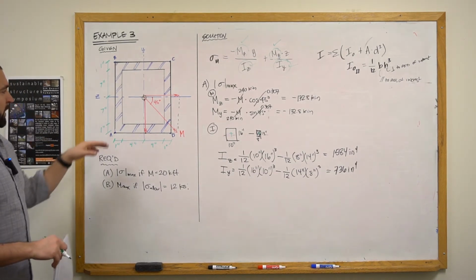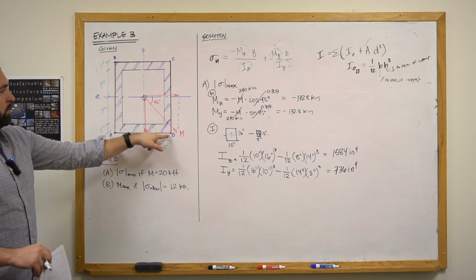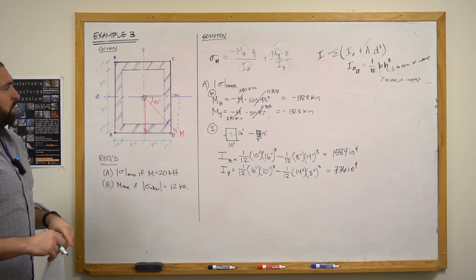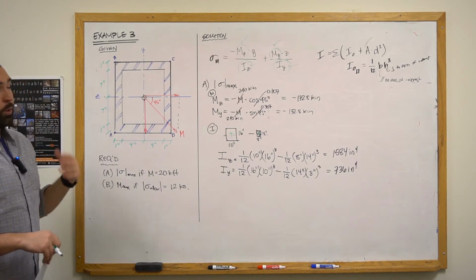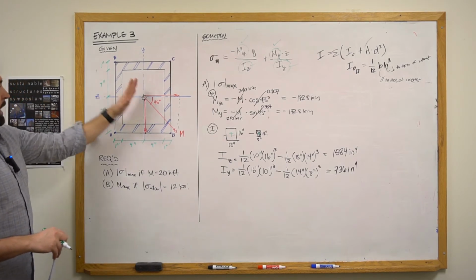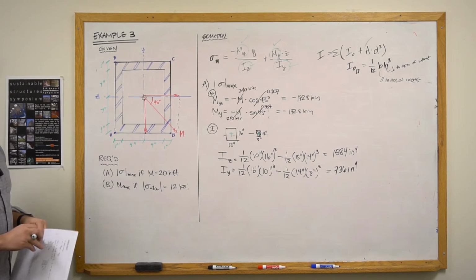I can already tell that the extreme locations, the corners, are most likely to have the extreme stresses. The further you get away from the neutral axis, the higher the stress magnitude is going to be.